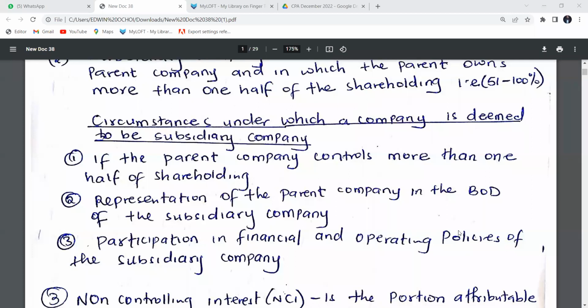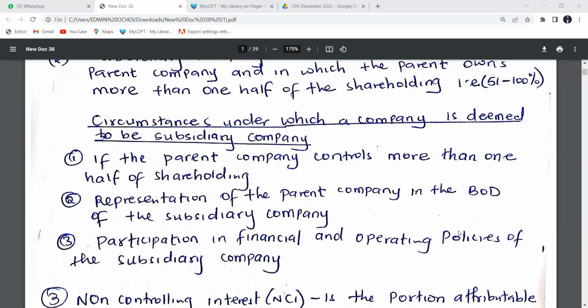But other than the percentage, there are two other requirements. So the representation of the parent in the board of the subsidiary, so if the board includes some of the members from the parent, and number three is participation in the financial and operating policies of the subsidiary company.